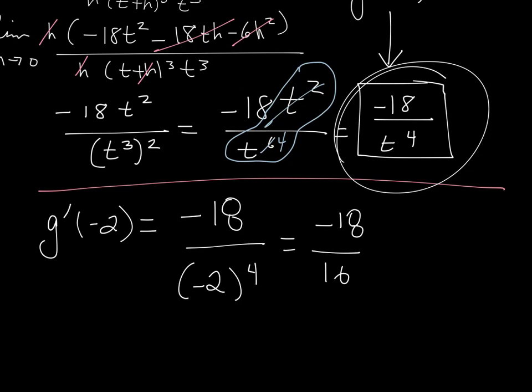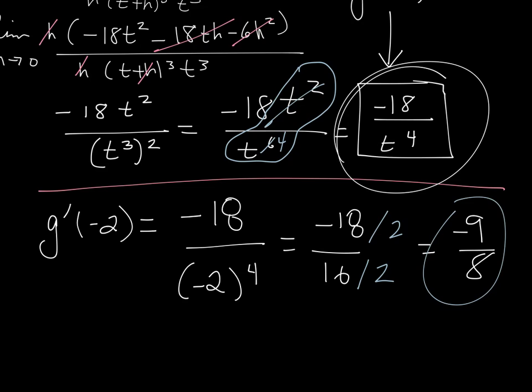Of course, I could divide out top and bottom by 2. So I get -9 over 8, which is the actual slope at t equals -2.